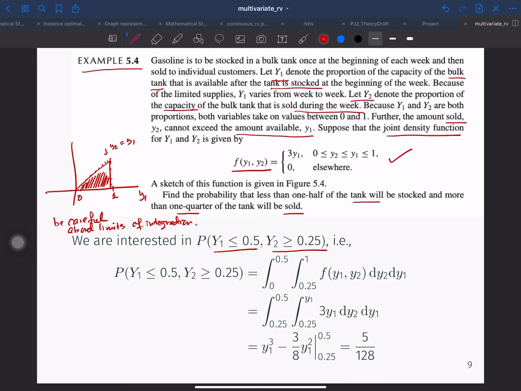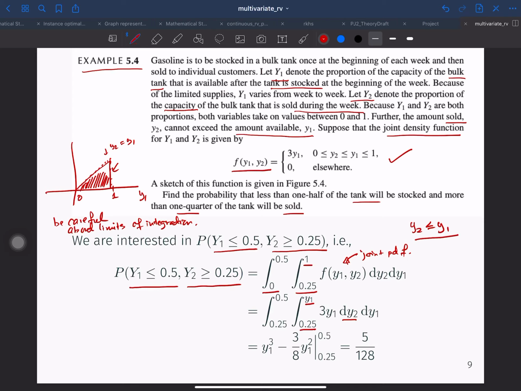Okay, in any case, you want Y1 less than 0.5 and Y2 bigger than 0.25. So we write out the integral from 0 to 0.5 and from 0.25 to 1 of the joint PDF. But the joint PDF is only defined based on this triangle. Because we have Y2 less than or equal to Y1, the integral for Y2 only goes from 0.25 to Y1.